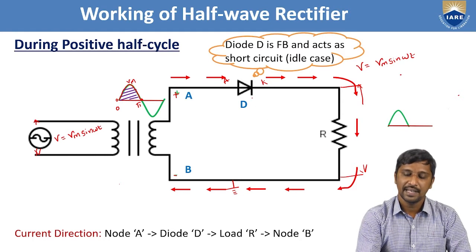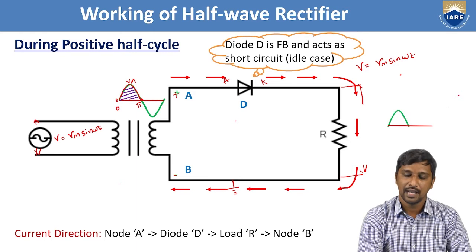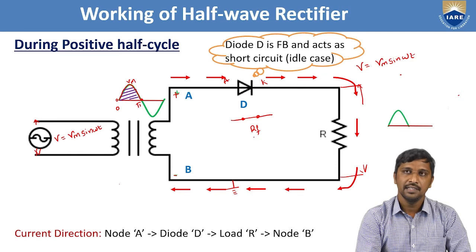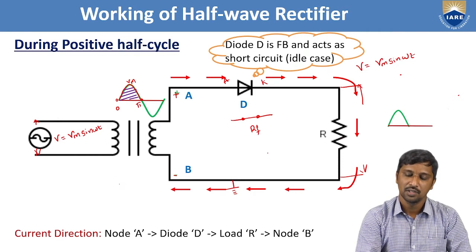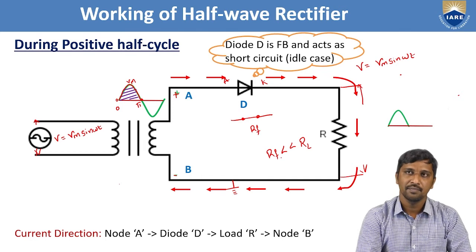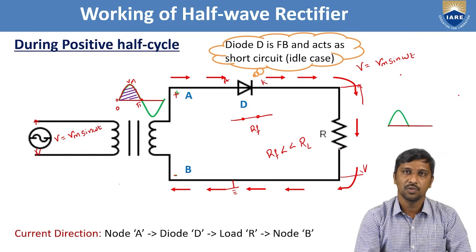When the diode is forward biased and replaced with a short circuit, internally it contains a diode forward resistance. Let us assume that the diode forward resistance is very small compared with this load resistance, so the diode forward resistance is much less than RL. Hence the maximum current flows through this load resistance only.